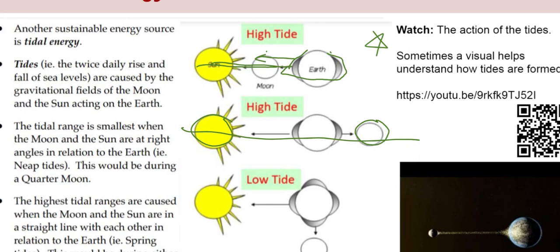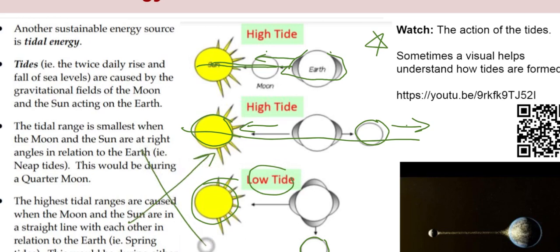So they're both pulling outwards, and that'll also create a high tide. When you get a low tide is when the moon is perpendicular to the sun, so they're not in line. Okay, so this will give you a low tide. Now watch, these descriptions are a little bit off, so you've got your tides opposite each other. So you're getting these tides 4 times a day, two highs, 2 lows in one day.